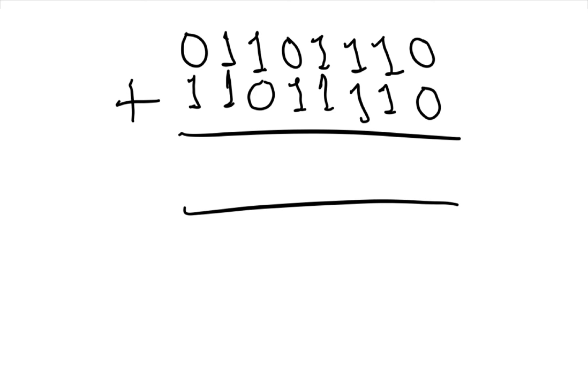Both of these binary numbers are 8 bits. 0 plus 0 has a carry 0 and a sum 0. 1 plus 1 has a carry 1 and a sum 0. 1 plus 1 plus 1 has a carry 1 and a sum 1. Again, 1 plus 1 plus 1 has a carry 1 and a sum 1.